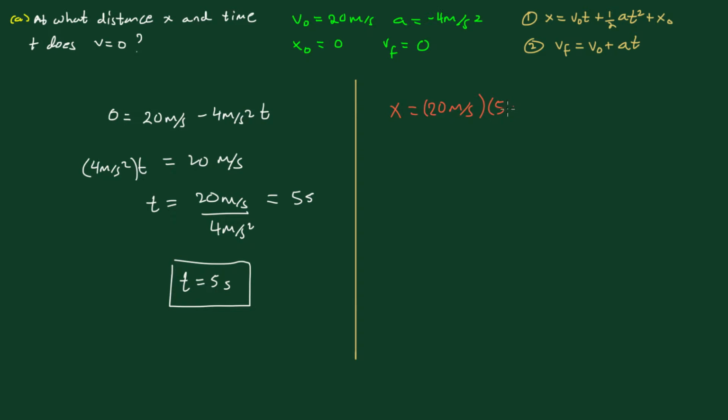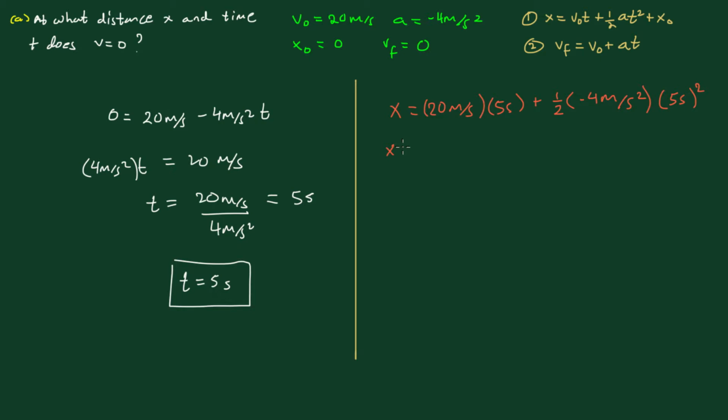So times 5 seconds, and then plus 1/2 a. A is our acceleration, so that's -4 meters per second squared, and then times t squared. t squared is going to be 5 seconds squared. Now x0 is equal to 0, right? So we don't need to worry about that. That's the initial position of the particle. So since it's 0, we just neglect it.